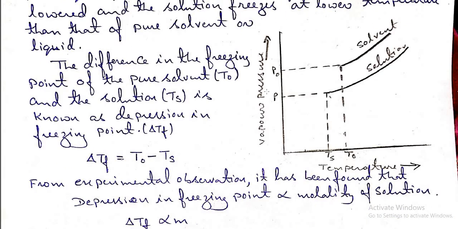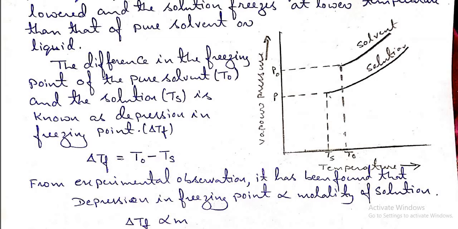For example, if you understand through this graph, this is the graph for solvent and this is for solution. Along the x-axis we have temperature and along the y-axis we have vapor pressure. The temperature at which the solid and the liquid will have the same vapor pressure we call the freezing point.